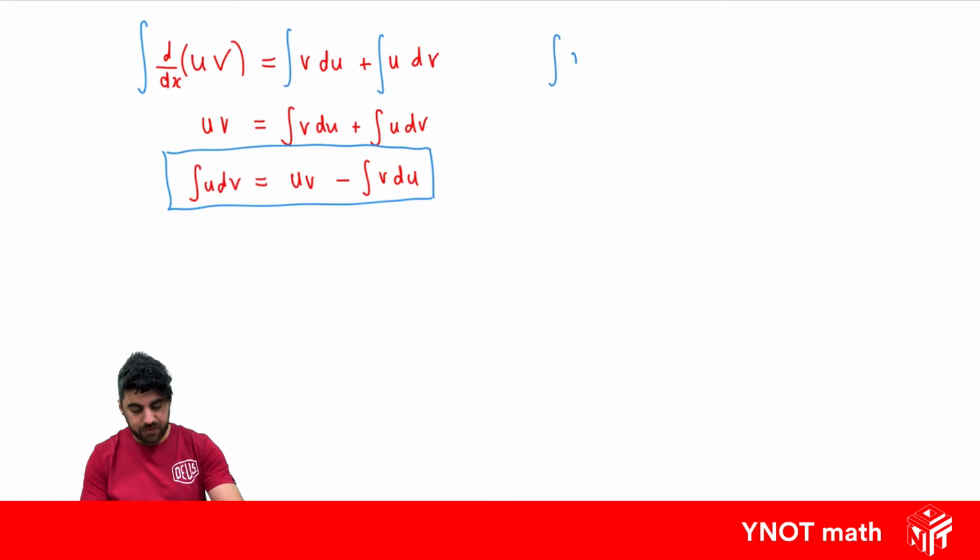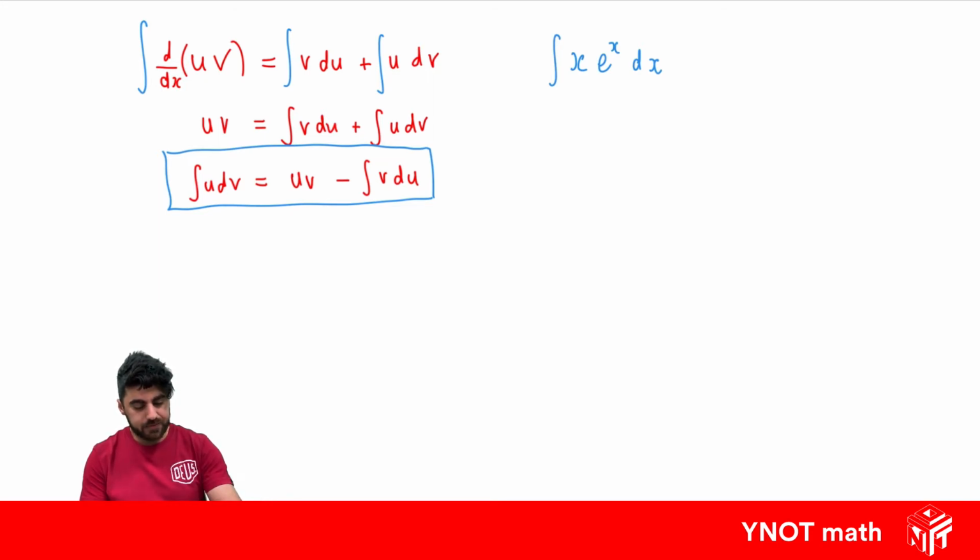So if we have the integral of x times e to the x dx, you want to pick something where one thing we're going to have to differentiate and one thing we're going to have to integrate. The thing you want to differentiate we'll let equal u, and the thing we want to integrate we'll let equal dv.